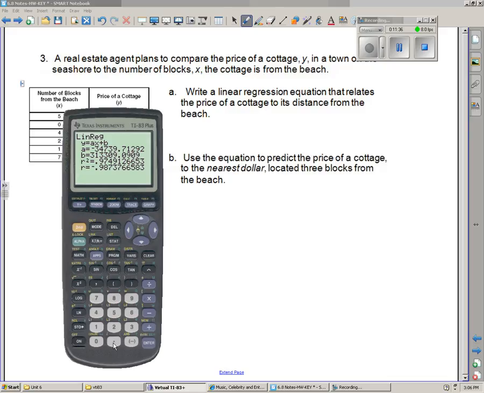So the nearest hundredth is going to be y equals negative 34,739.71x plus 313,309.10. Okay, so let's get this thing written down.